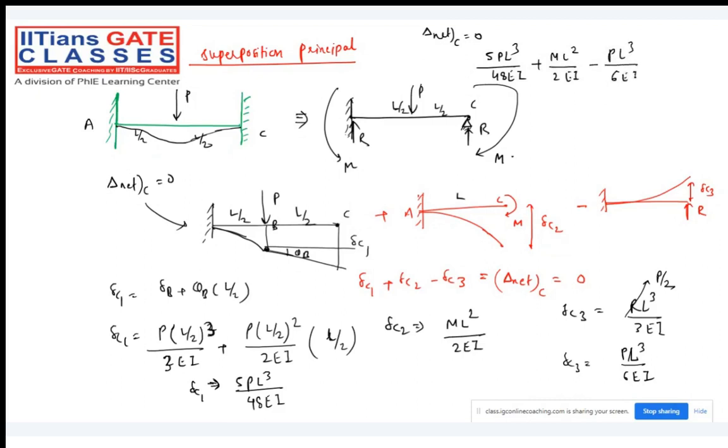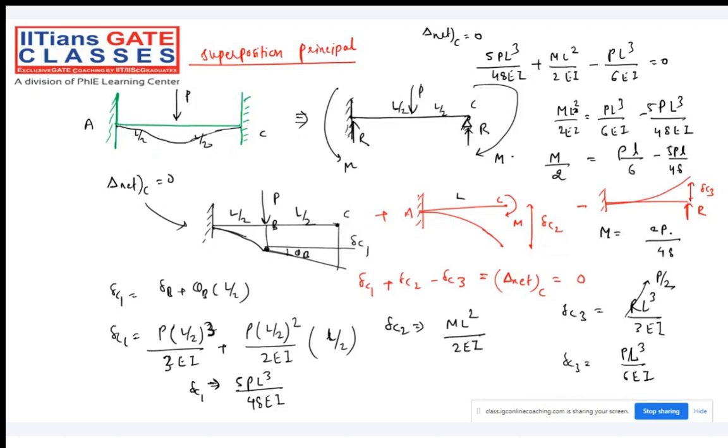So I'll be getting PL cube divided by 6EI minus 5PL cube divided by 48EI equals ML square divided by 2EI. So M divided by 2 equals PL divided by 6 minus 5PL divided by 48. 48 will be common.